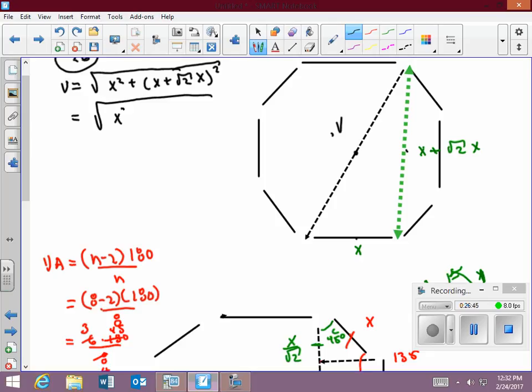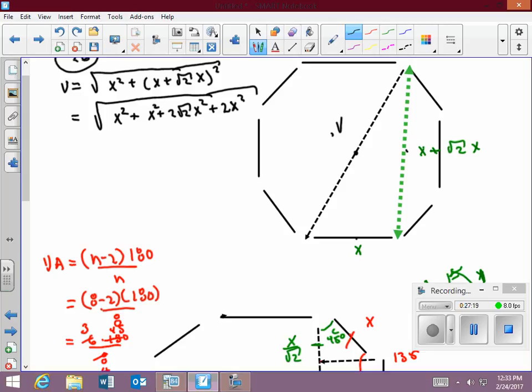This is x squared. When you square a binomial, it's the first term squared plus 2 times the product of the first times the second, which is going to be the square root of 2x squared, and then the last term squared is going to be 2x squared. This was supposed to be x squared, by the way.